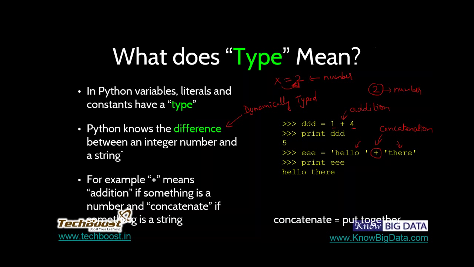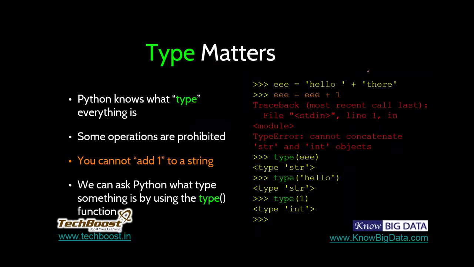Alright, now let's see why the type matters. Let's see directly by the example. What we are trying to do in this case is we have two strings, string 1 and string 2, and we're trying to add them.